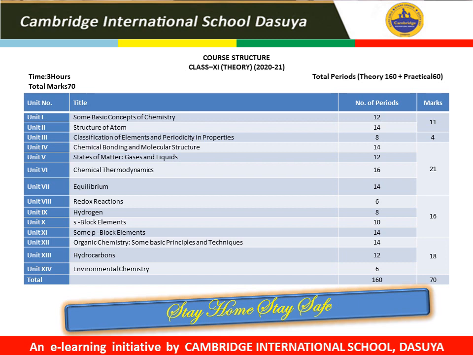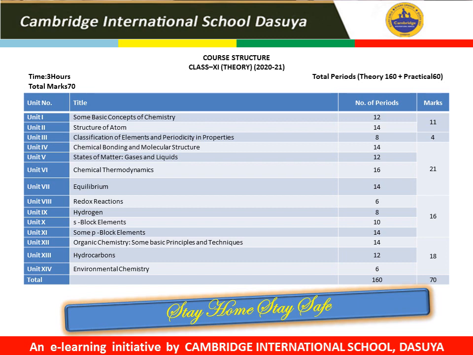Unit 7 will be Equilibrium, then 8th will be Redox Reactions, 9th will be Hydrogen, 10th is the s-block. In the s-block, group 1 and group 2 will be discussed here. Then in unit 11 we have the p-block elements, and in grade 11 the p-block elements discussed are only group number 13 and 14.